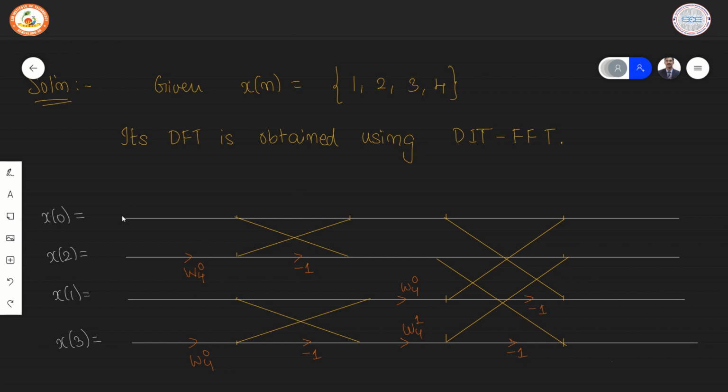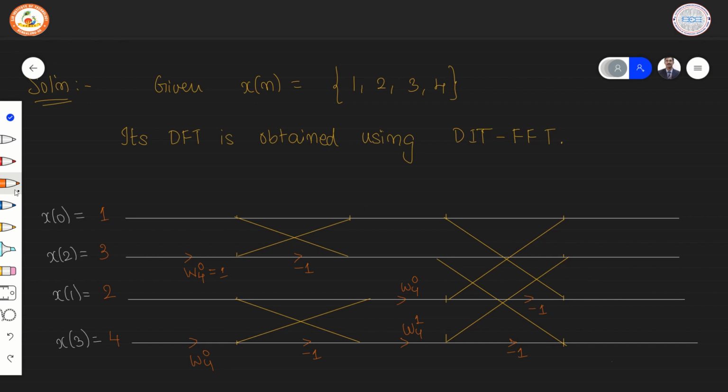Now applying the inputs, x of 0, we know the value is 1. Next x of 1 is 2. Next x of 2 is 3, and the next value is 4. W4 to the power of 0, the answer is 1. So scaling will not make any difference. We can consider the same input 1 and 3.